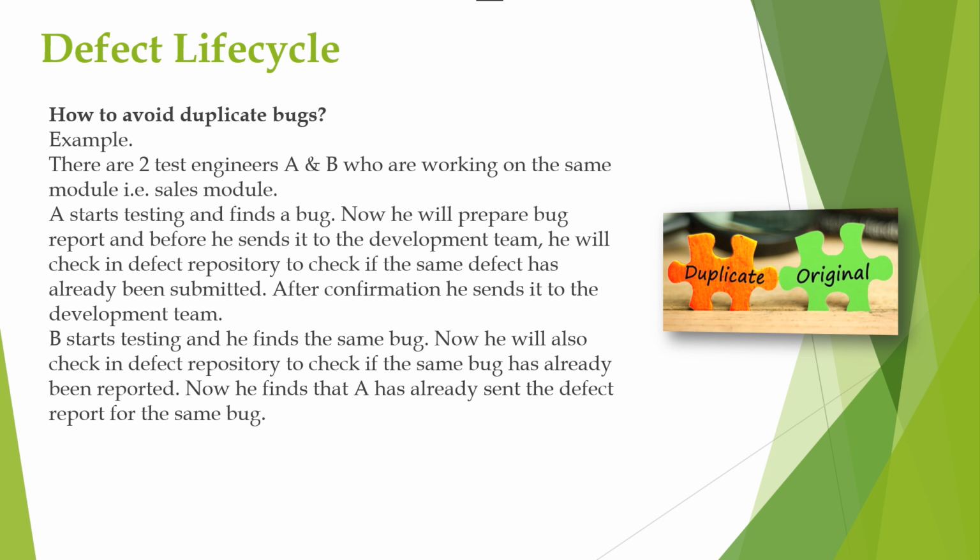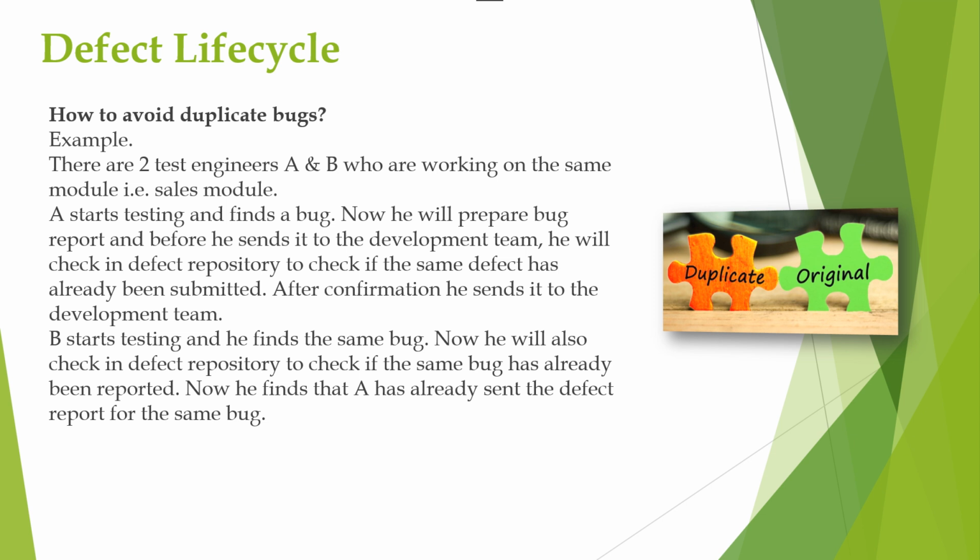The system will start looking inside the folder for any defect report which has sales in it. If the search result is no file, then test engineer A will first copy and paste his defect report in the defect repository and send the defect report to the development team.